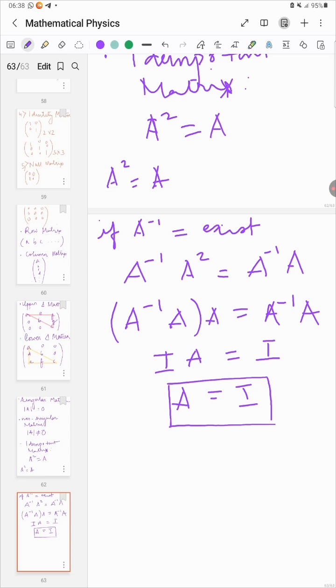For example, if the determinant of A is equal to 0, then A inverse won't exist. So for a singular matrix the inverse does not exist. Inverse exists only for a non-singular matrix. So the identity matrix is the only idempotent matrix which is invertible, or whose inverse exists. So that's it for the properties of matrix for today. In the next video we will deal with the transpose of a matrix.